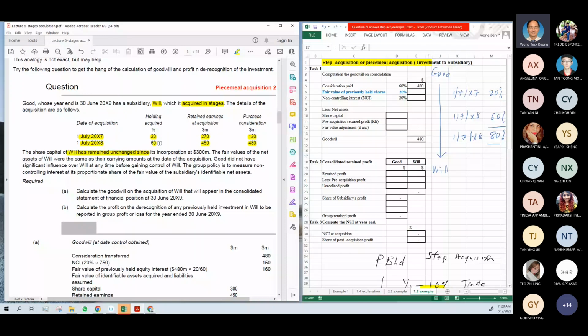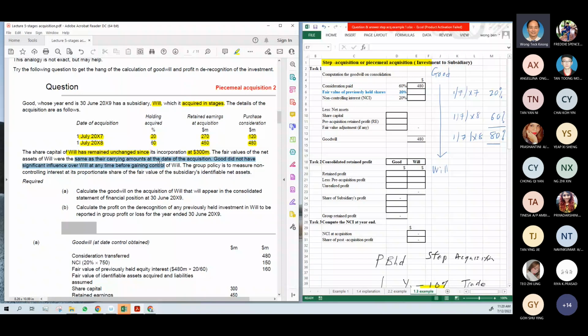They have 300 million shares in View, the subsidiary, so 20% of 300 million means 60 million shares. The fair value of net assets of View will be the same as the carrying amount at the date of acquisition, so everything is the same.